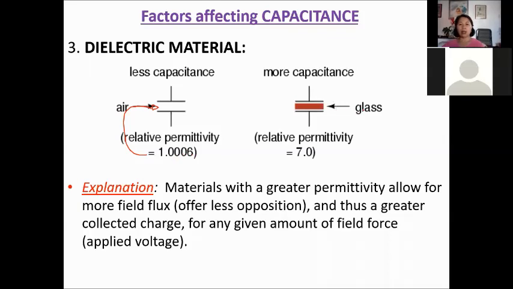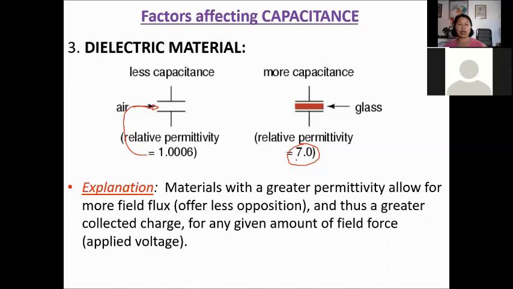While if we place glass between two metal plates, glass being our insulating material, then the permittivity of glass is 7.0, or the dielectric constant for glass is 7.0. So if we consider the distance of separation constant and the area constant, then the only factor that affects the capacitance is the type of dielectric material.